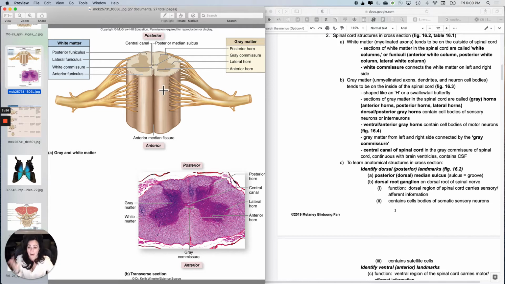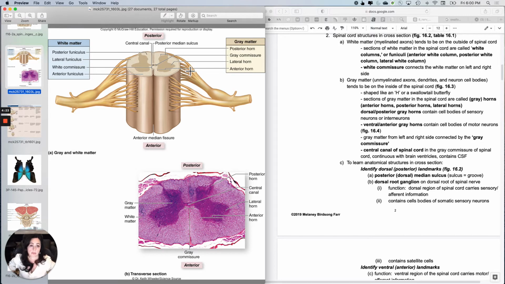So we call these the anterior funiculi or white columns. For me, white columns is easier to spell and understand. What it is, is a whole bunch of white matter, primarily projection tracts going up and down. You look at it in cross-section, but it's actually a column. So anterior white columns or funiculi, posterior white columns or funiculi, and then lateral white columns or funiculi.